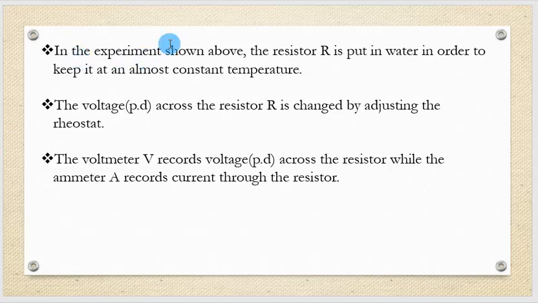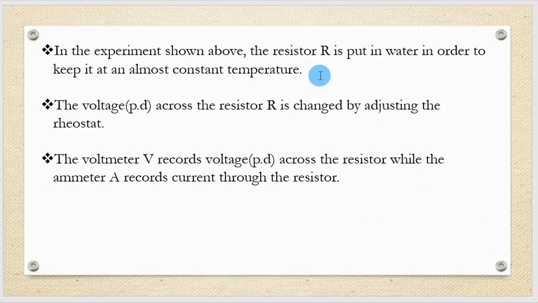In the experimental setup shown above, the resistor R is put in water in order to keep it at almost constant temperature. Remember in our previous lesson when we were talking about resistance, we said one of the effects of resistance is that it causes a conductor to heat up. And if a conductor continues to heat up, then its temperature will not be constant.